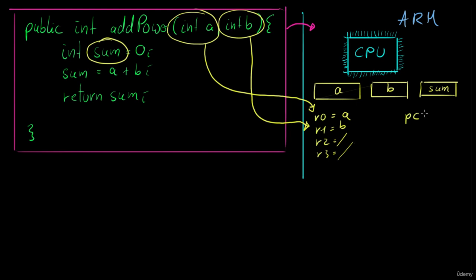The program counter holds the address of the next instruction, but for now let's ignore this. It is simply set to the next instruction which is going to be executed by the CPU. Alright. The sum will afterwards also be stored in a register, and on the ARM architecture, the return value of a function will be stored in R0. So afterwards, R0 is not holding a anymore, it's holding the return value, which is sum.